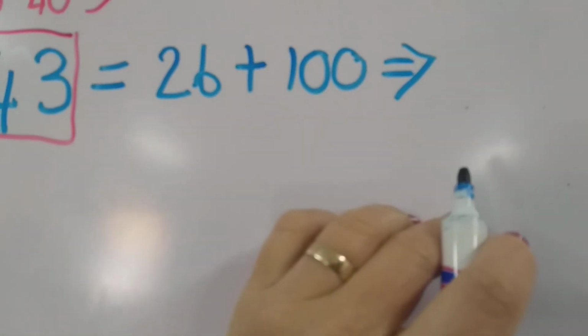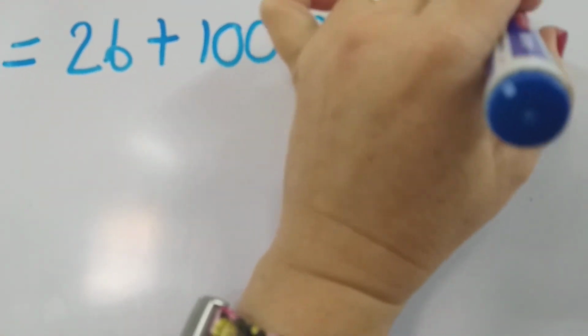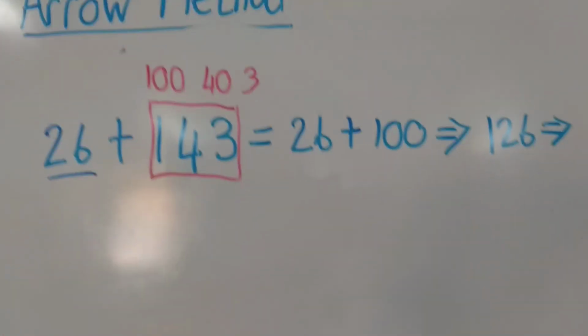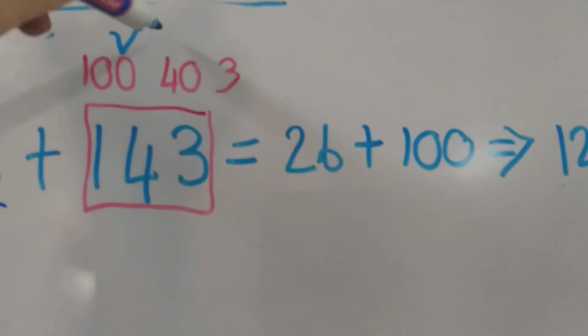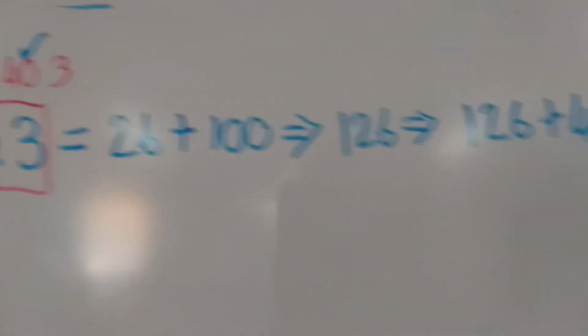And that comes to 126. We've added on 100. Now what do we add on? Our 40. So 126 plus 40 is 166. Have we finished our sum?